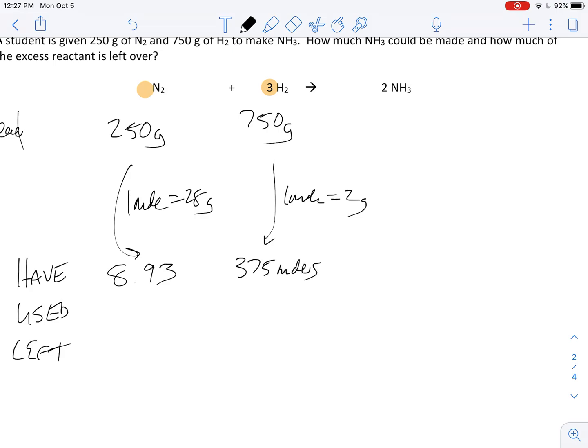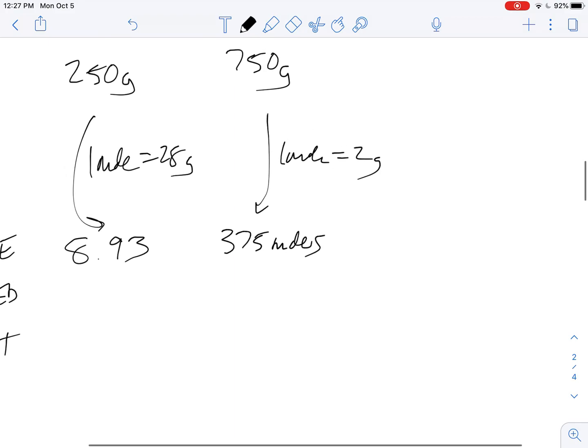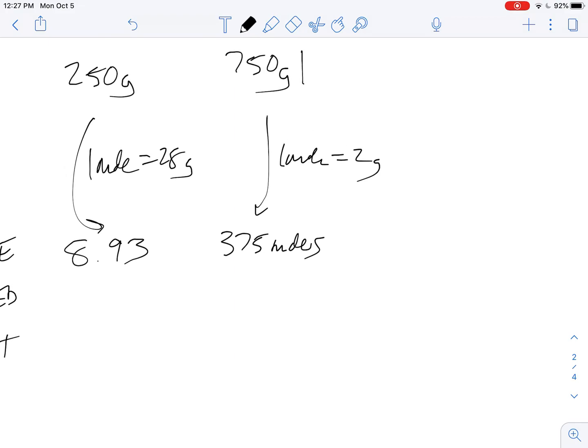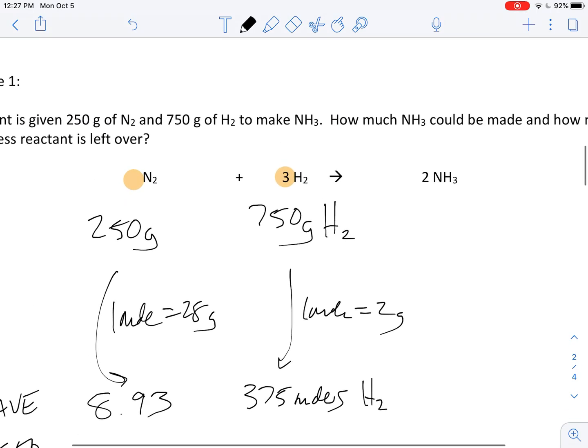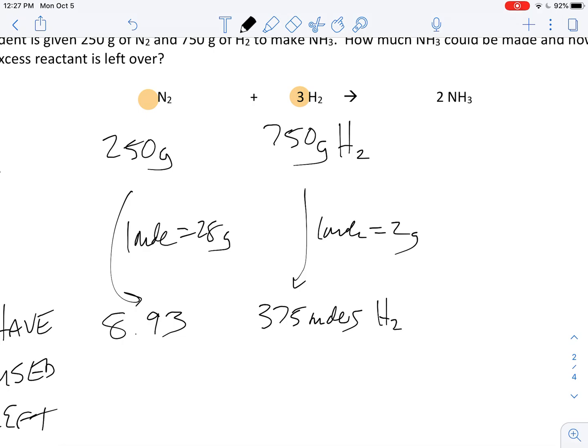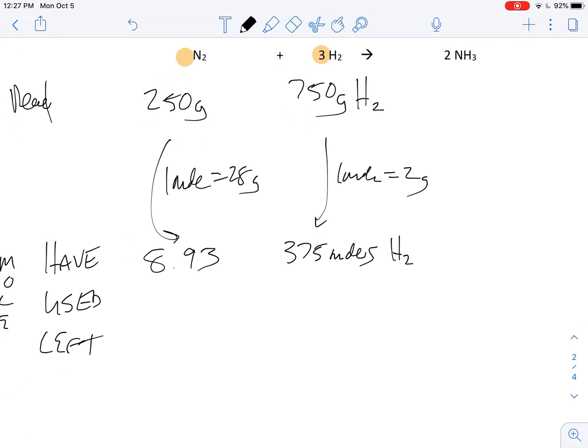Regardless of what balanced equation it is in, 750 grams of hydrogen is 375 moles. So again, if I knew that this was 750 grams of H2, it's going to be 375 moles of H2 regardless of what equation it happens to be operating in, which is why I don't like doing it that way.